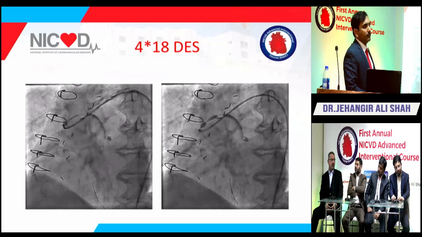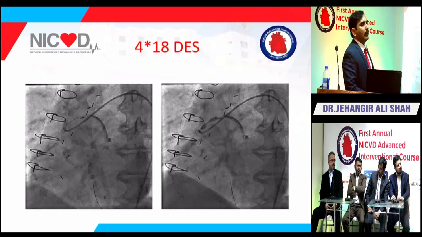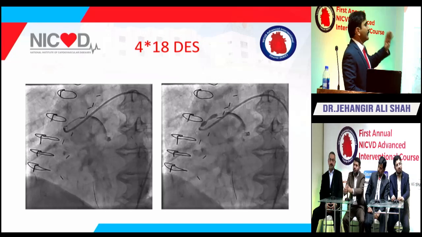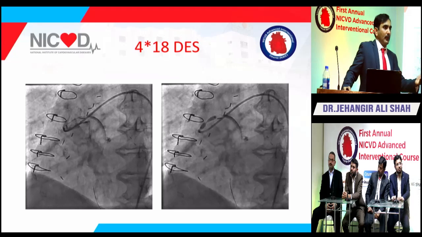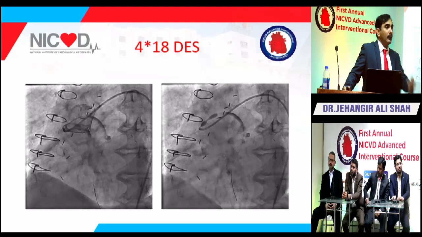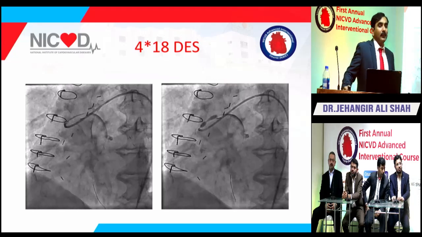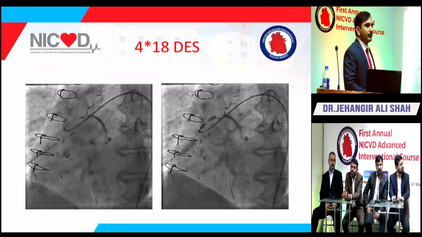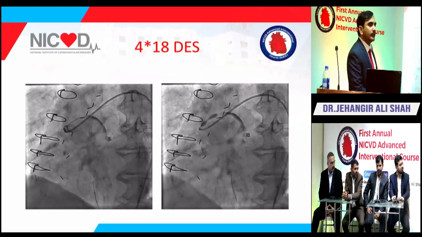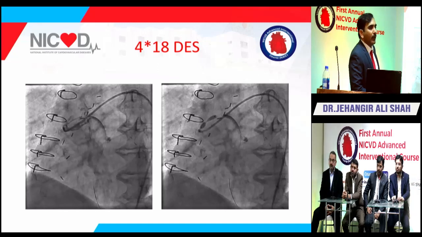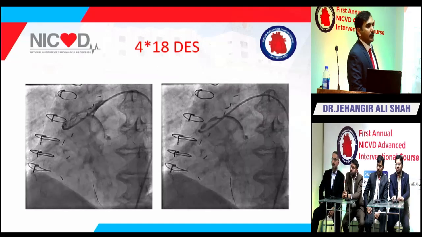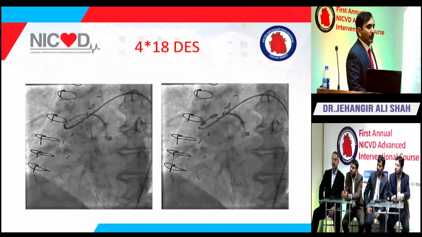As was said, for the left-sided SVG graft, you have an LAO view and an RAO view for localization of the ostium. You can take help from this pro device also.